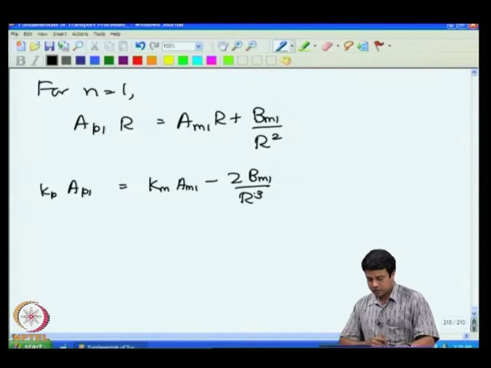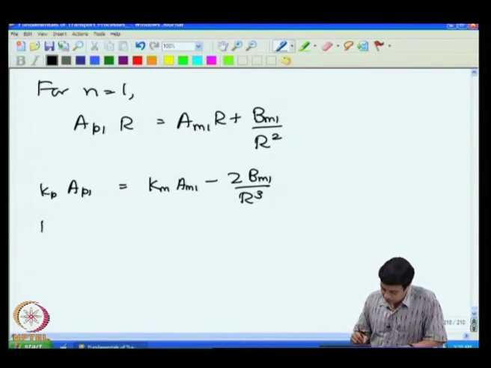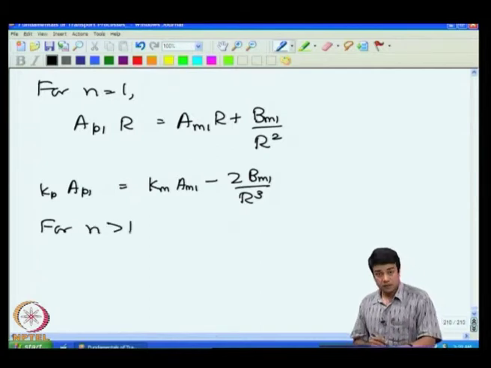So, these are the coefficients for n equal to 1. For all other values of n, A_mn is equal to 0.